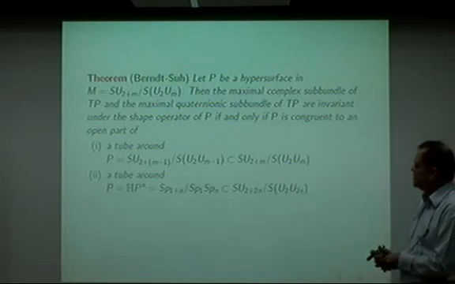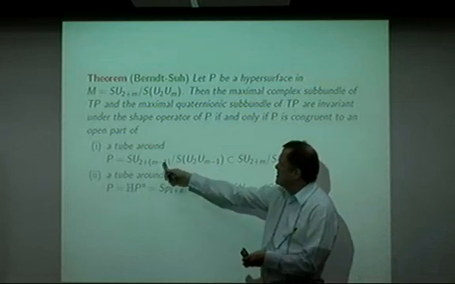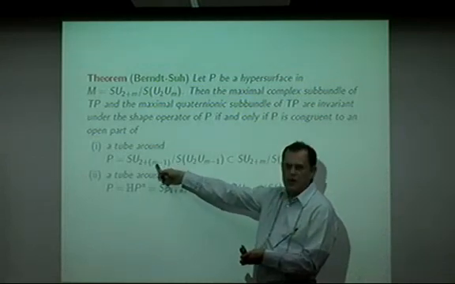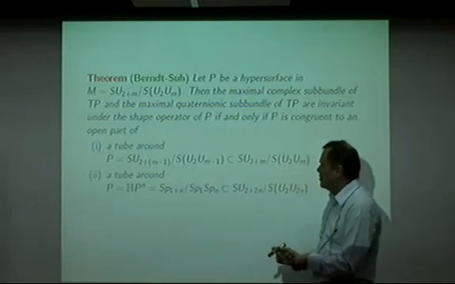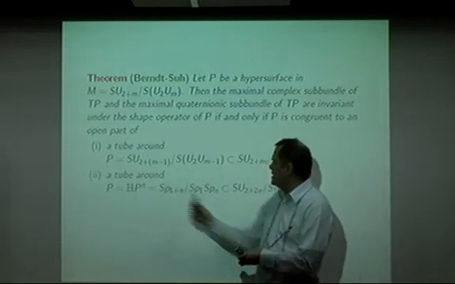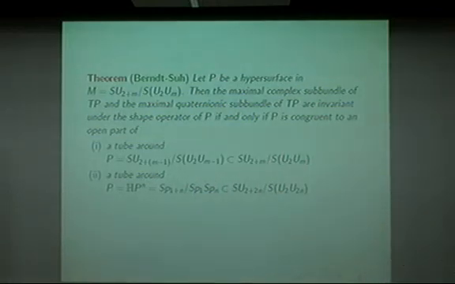Yeah? So we get a tube around a totally geodesic Grassmannian of just one lower dimension here, or a tube around a quaternionic projective subspace embedded in the Grassmannian, which happens only in the case that m is even.